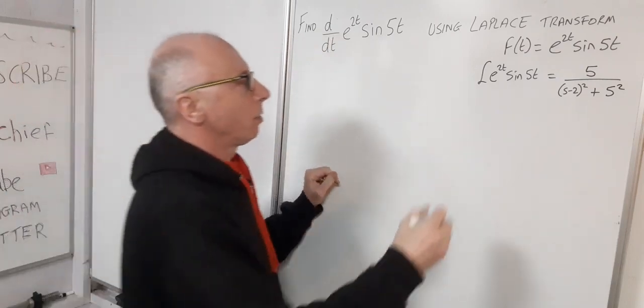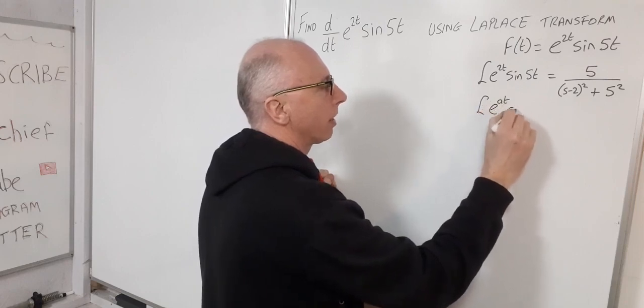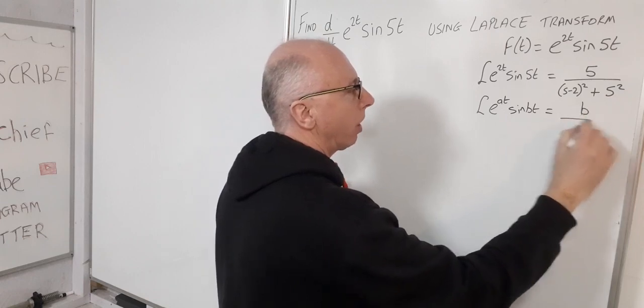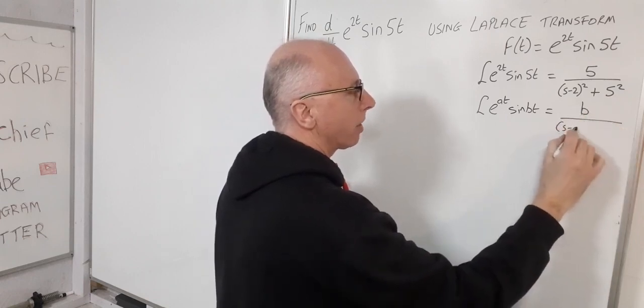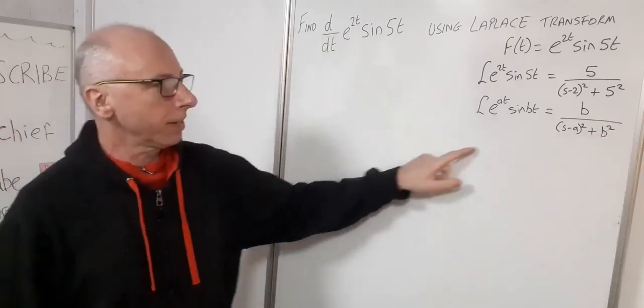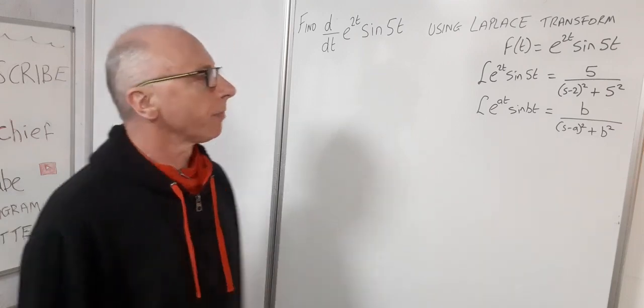Now the generic form of that, the Laplace of e to the at sine bt, will give me b over s minus a squared plus b squared. Okay, so that's the generic result. If you check the link below, you'll see how this comes about.